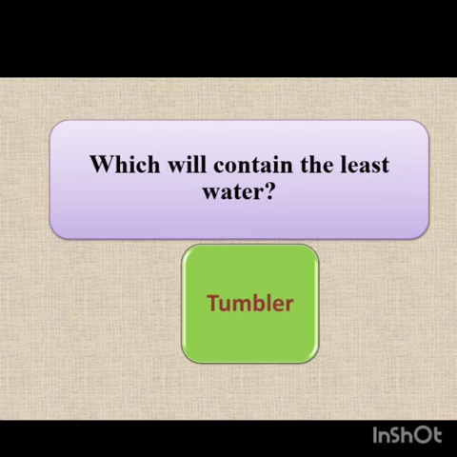Well, definitely the tumbler will contain the least amount of water as it is smaller in size than others in the picture. Now, the question is, how could you tell? Well, we can tell it by looking at the size of the containers. So we can decide it according to the size of the container.